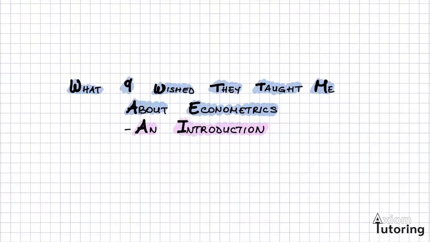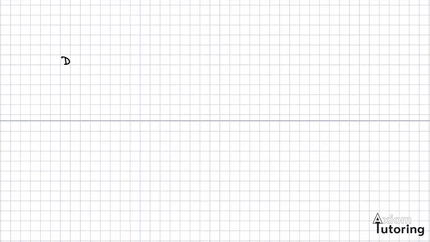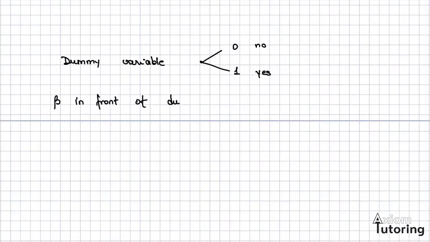In the previous video, we introduced the dummy variable and the fact that there's only two values that it can take, a 0 or a 1, 0 being no and the 1 being yes. We saw that the beta in front of the dummy only estimates a difference between the two groups.